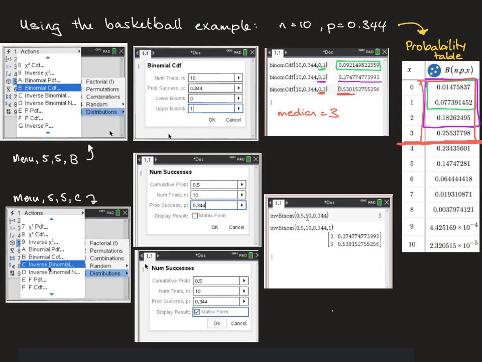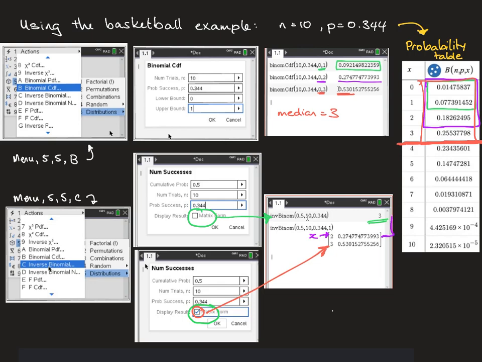And you can see the difference between the two screens I've got here is one doesn't have the matrix form ticked and one does. What the unticking does is that it gives you this answer here, which just says the median is 3. If you ask for it in matrix form, if you take this ticked form here, it gives it to you in this form. And what it's telling you here is that this is our first x value, and this is the cumulative probability for that.